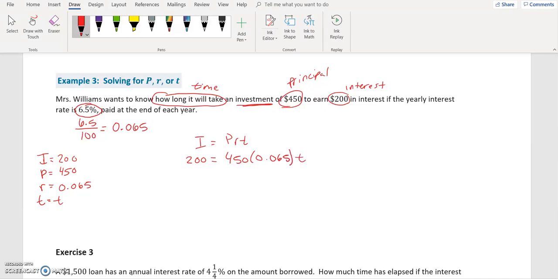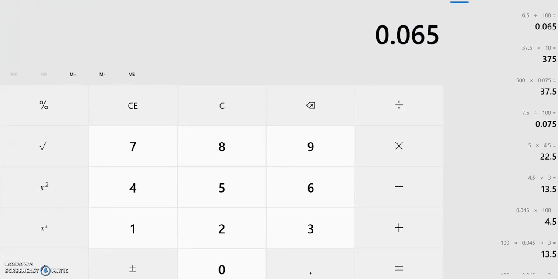So we're just going to look, what can we solve from this? There's nothing over here by the 200. We want to get T by itself. I've got multiplication here that I can do, so I'm going to do that first. 450 times 0.065, I already have that on my calculator, so I'm just going to do times 450 equals 29.25.